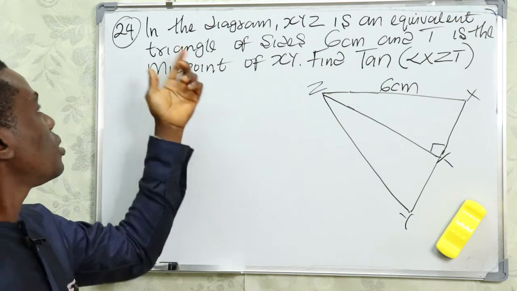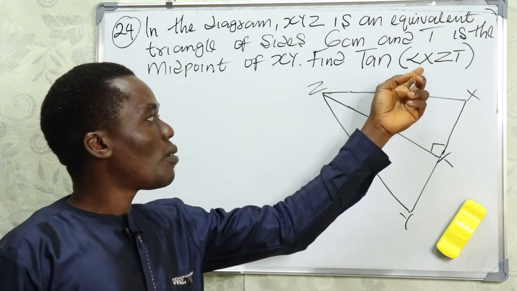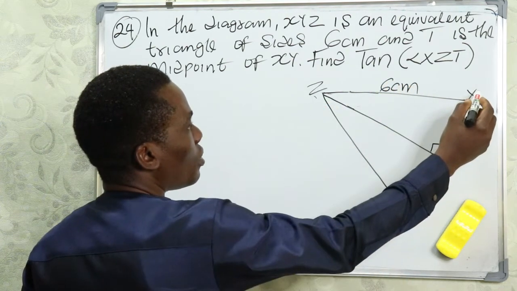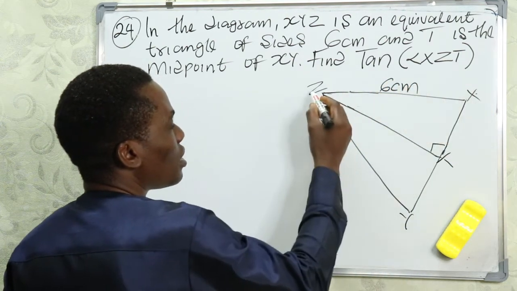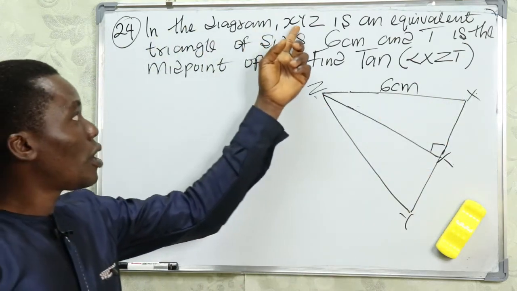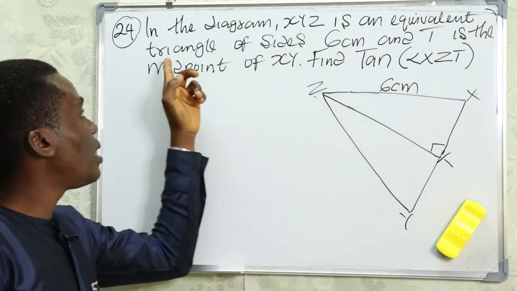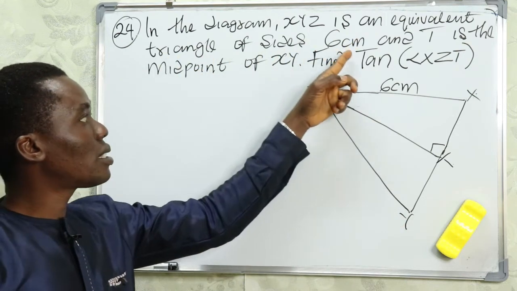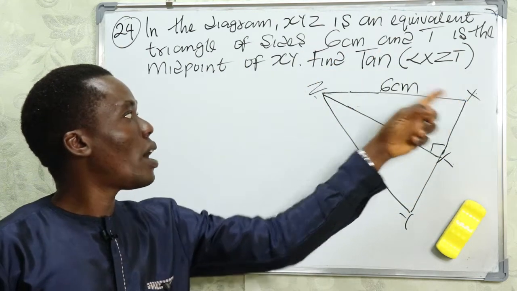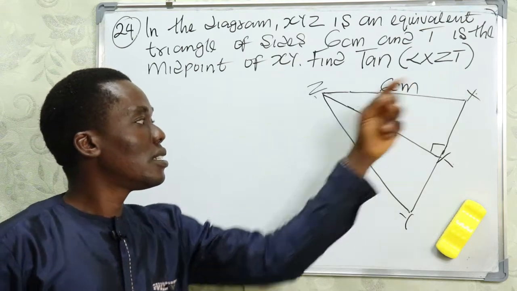In question number 24, we are asked to find tan of angle XZT. Now in the diagram, XYZ is an equilateral triangle of side 6 centimeters, and T is the midpoint of X and Y. Find tan of angle XZT.